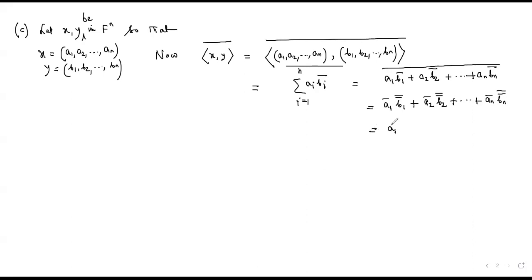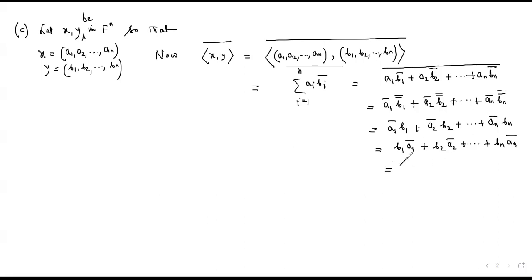Then B1 bar bar is nothing but B1 itself. B2 bar bar is B2 and Bn bar bar is Bn. And we can commute these numbers because these are elements of a field. So we can write it as B1 A1 bar plus B2 A2 bar plus Bn An bar.